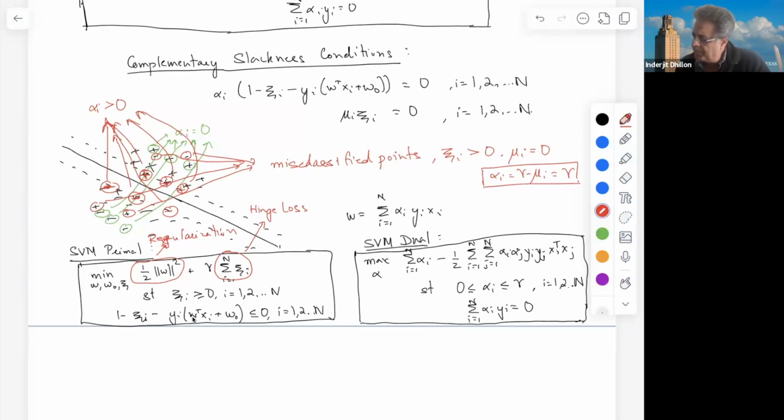And then the other thing that I want to say is that you can actually write the dual, and that's one of the reasons why the dual is very important, when we look at kernel SVMs. You can see that this is only dependent on the inner product, xi transpose xj.